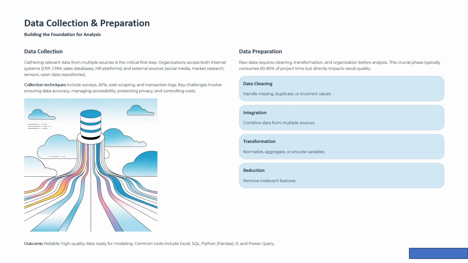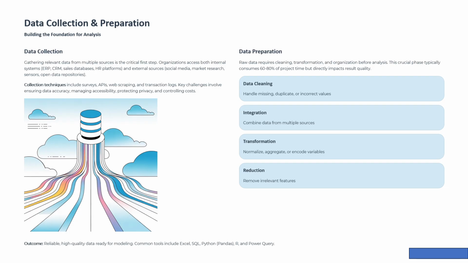In this data preparation phase, we use processes like data cleaning, integration, transformation, and reduction. In data cleaning, we have to solve problems like missing data, duplicates, and incorrect data. Integration, we combine data from many sources or tables.